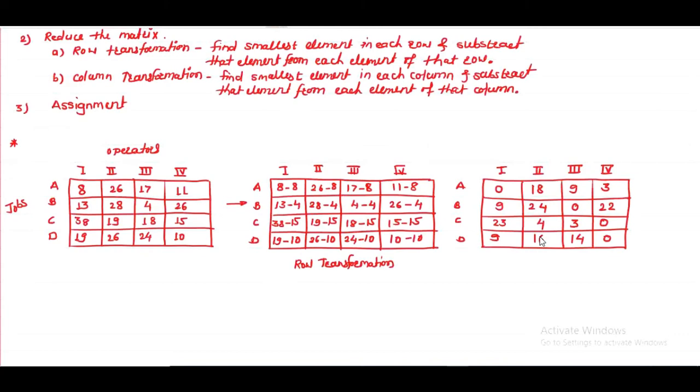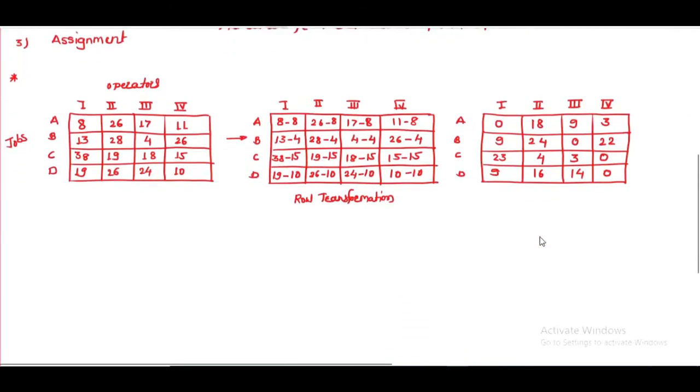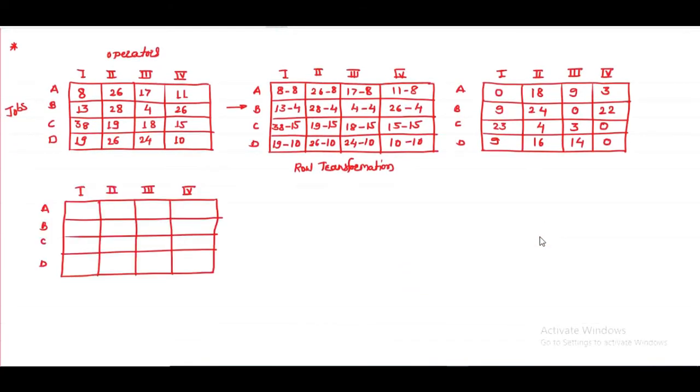Now we'll go for the column operation. In the column transformation, we have to find the smallest element in each column.